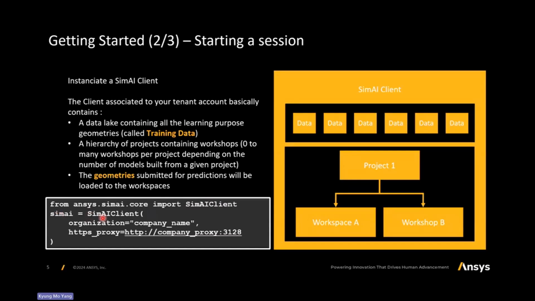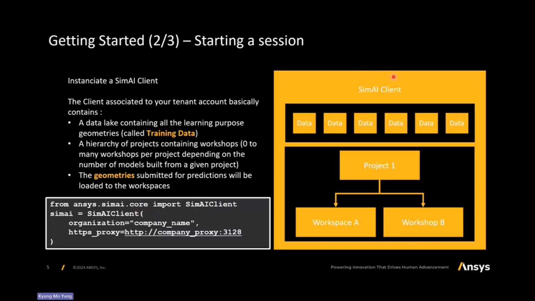You will instantiate one SimAI client object, and optionally you can also provide the organization you belong to and the proxy, if you are using a proxy within your company. The client will be the house of all the operations and services that you want to use, and therefore it will also host all the different objects and models that you want to manipulate.